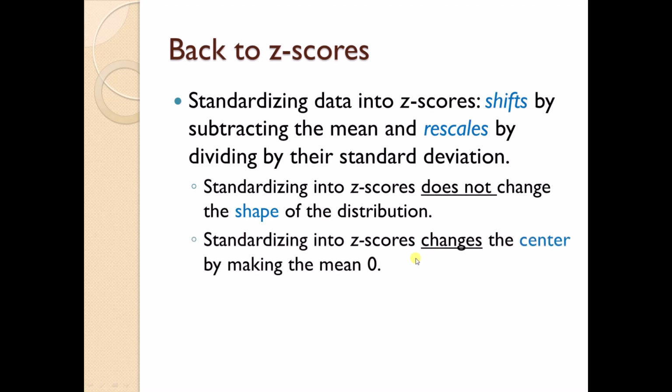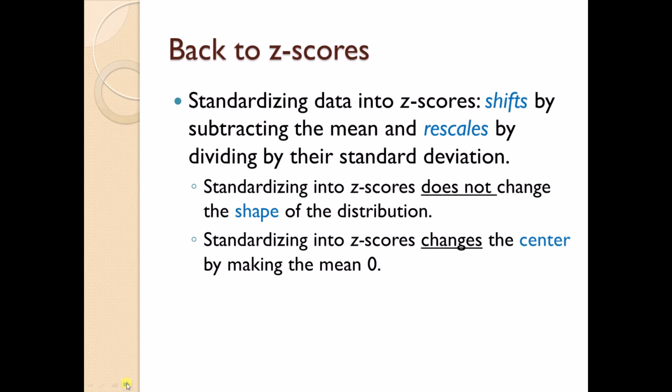Standardizing into z-scores changes the center by making the mean 0. So that's why you have to do all those tricks with SAT and ACT, because if you got a 0 on your score report, you'd think you were a complete loser when in fact you're right at the median or the mean. It's the same because you're in a bell-shaped curve, and that means 50% are below you and 50% are also above you.